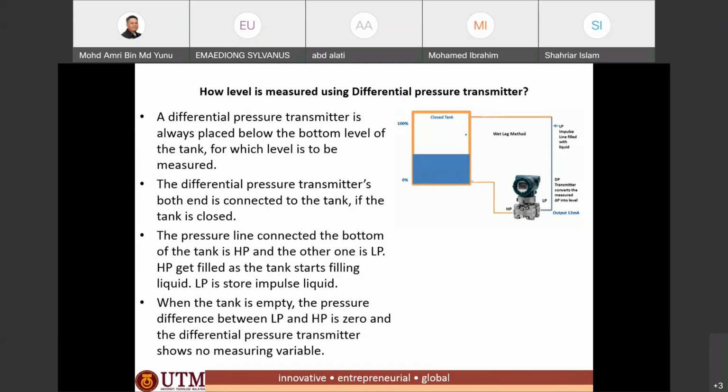Okay, so there are two conditions. It can be a closed tank or an open tank. So basically, when the tank is open, the HP is measuring the P2, and LP will measure the P1, the pressure. So if the tank is empty, P2 minus P1 will be equivalent to 0 Pascal, or 0 pressure.